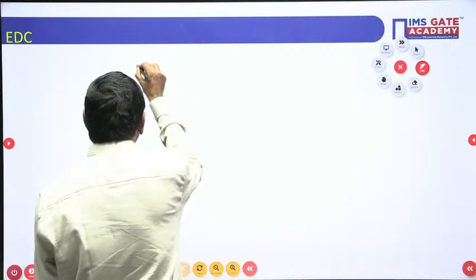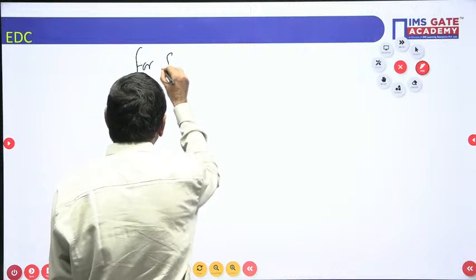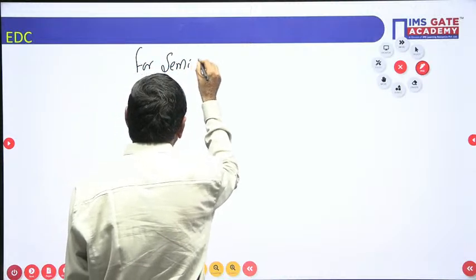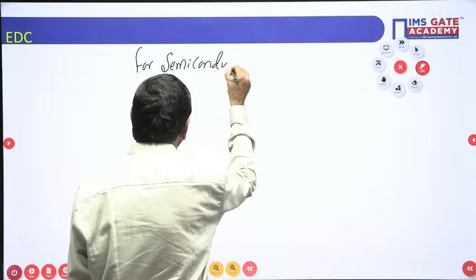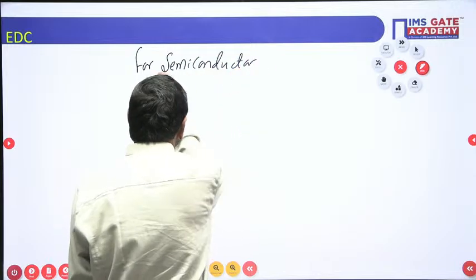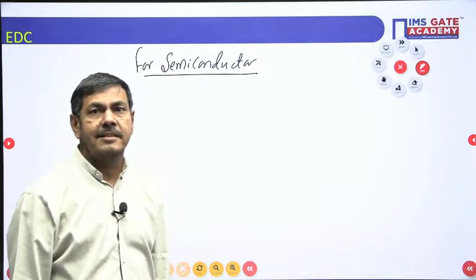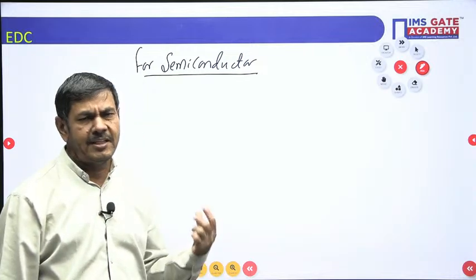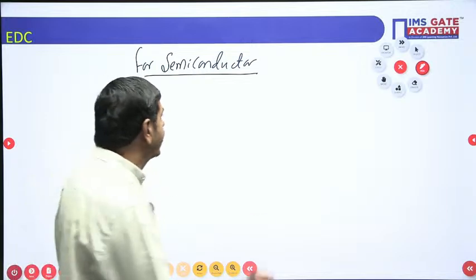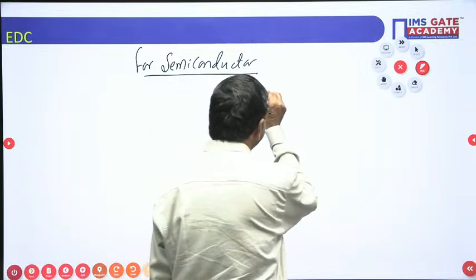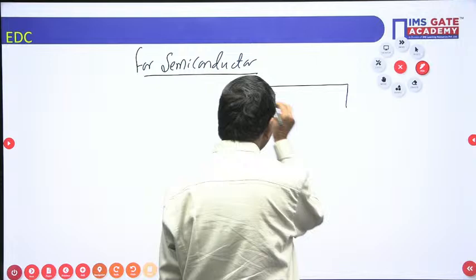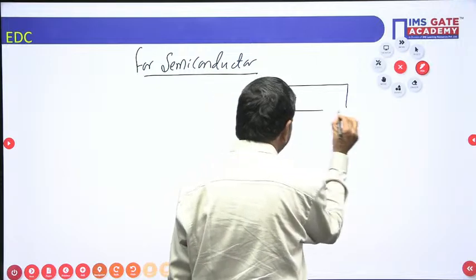For semiconductors, the gap existing between the valence and conduction band is very, very less, very low level only. The diagram I can plot in this way. This is the conduction band.